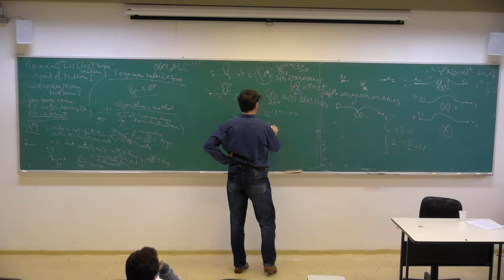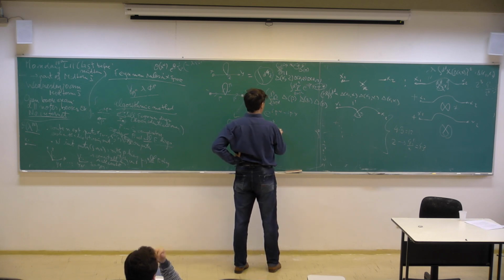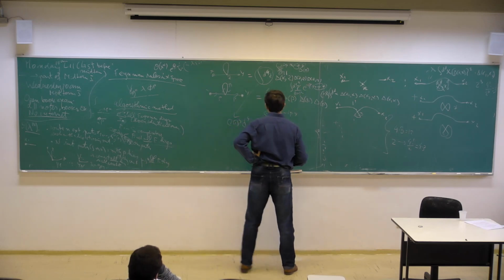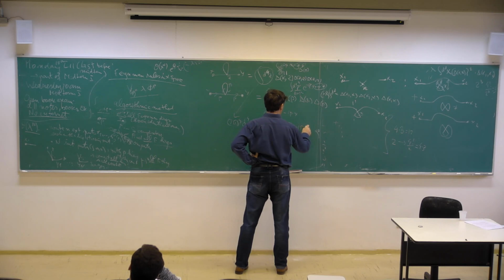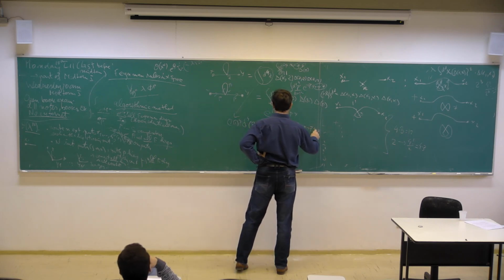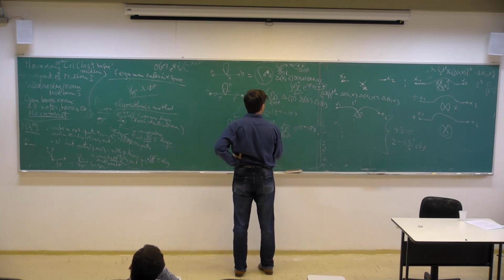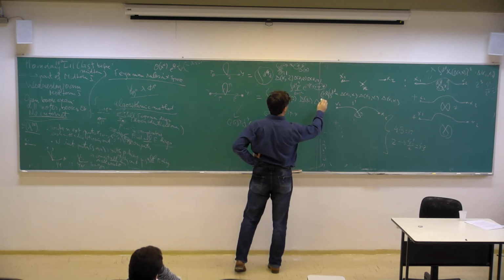And then I'm left with the integral d^4p over (2π)^4, d^4p tilde over (2π)^4, and then e to the ipx minus ip tilde y, and delta of, yeah, here I've got delta of p tilde, right?